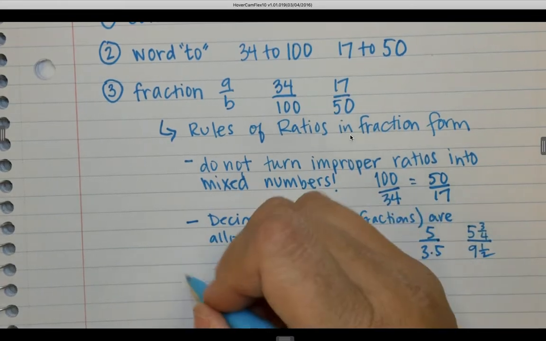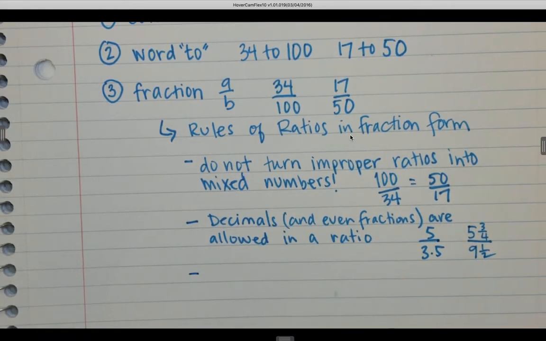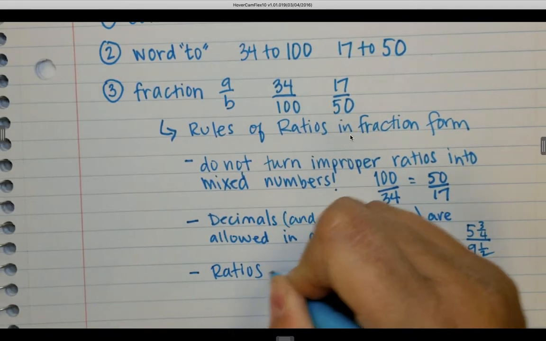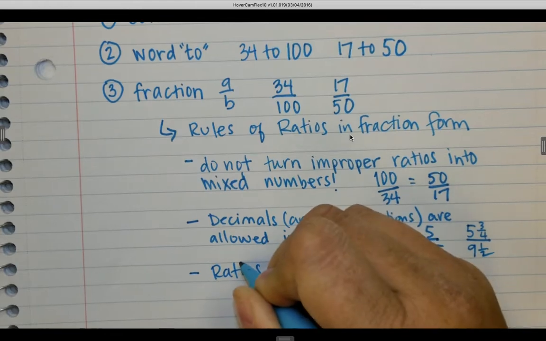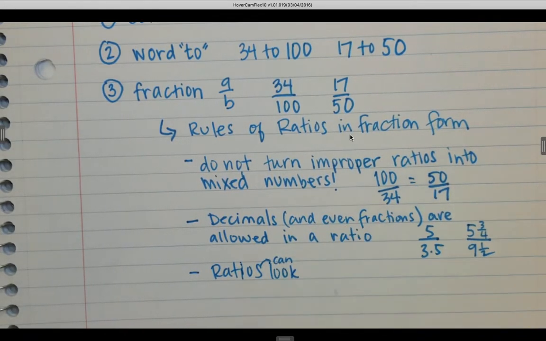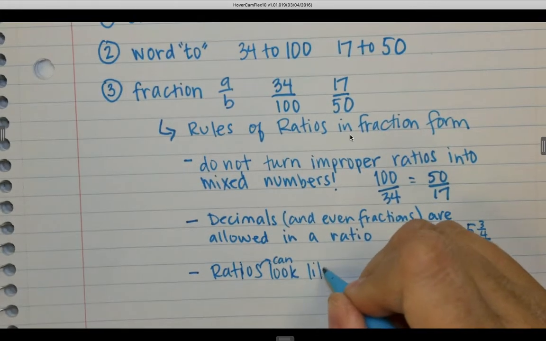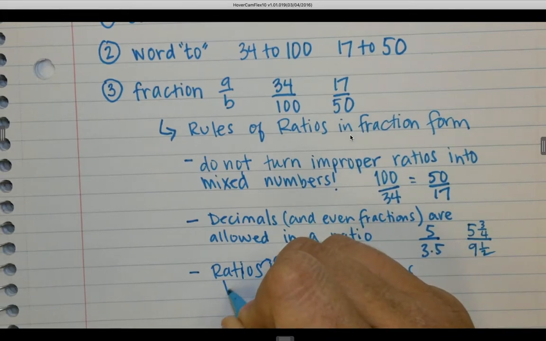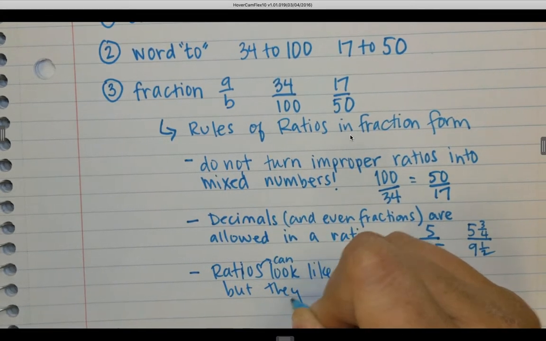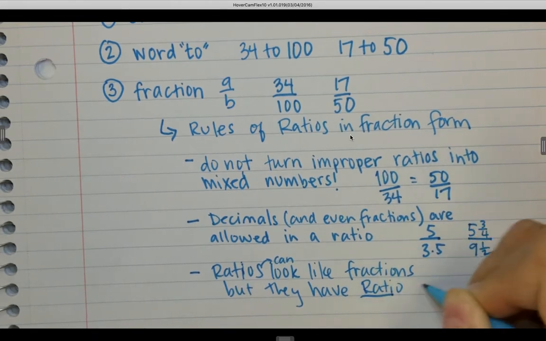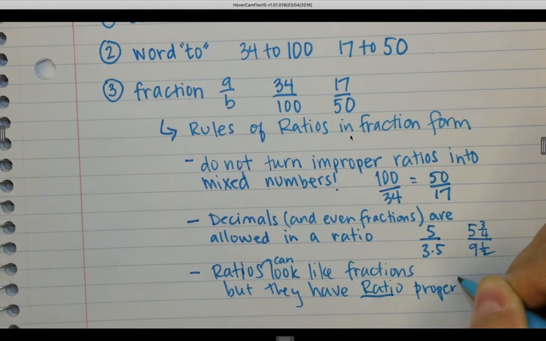The third rule is that ratios can look like fractions, but they have ratio properties.